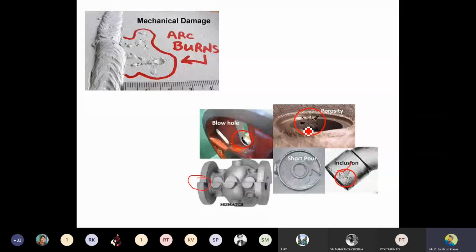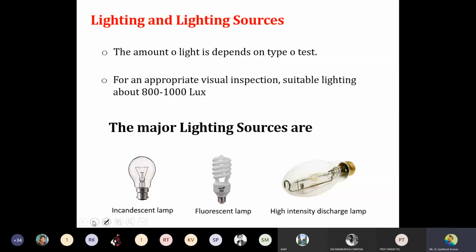So these kind of defects occur during any kind of fabrication process, not only welding, not only casting, even forming also. And we will move on to a very important thing for conducting these kind of NDT techniques.